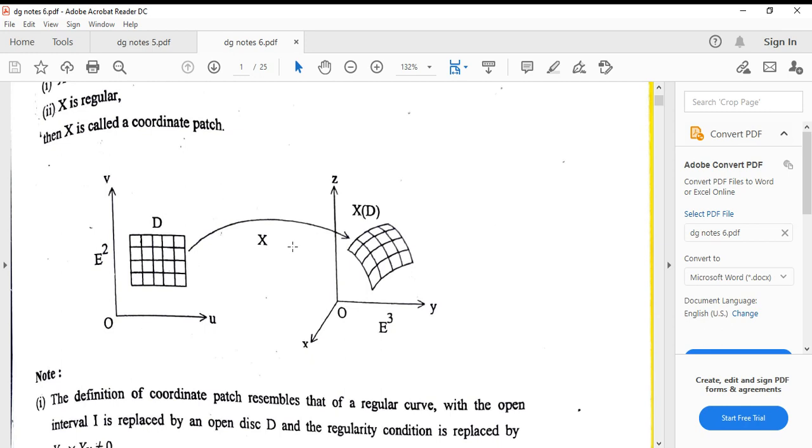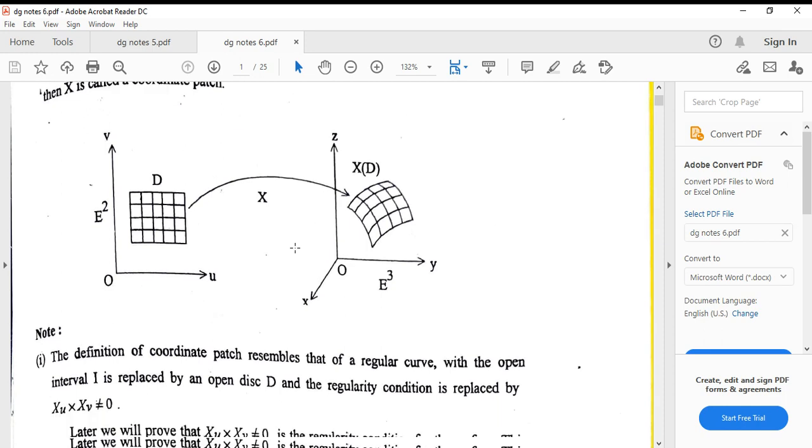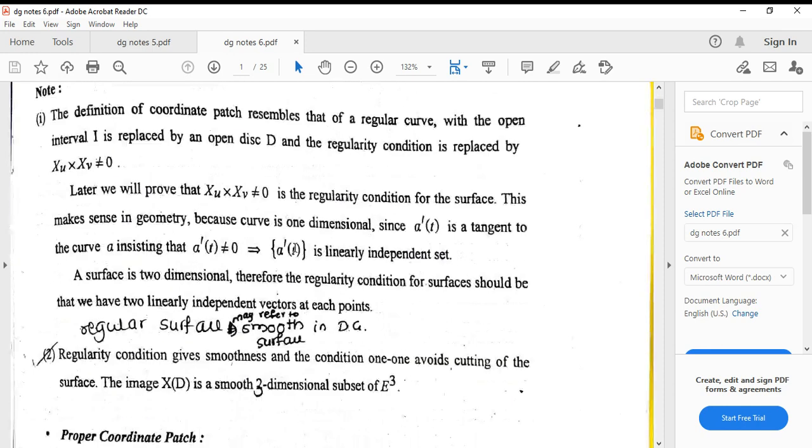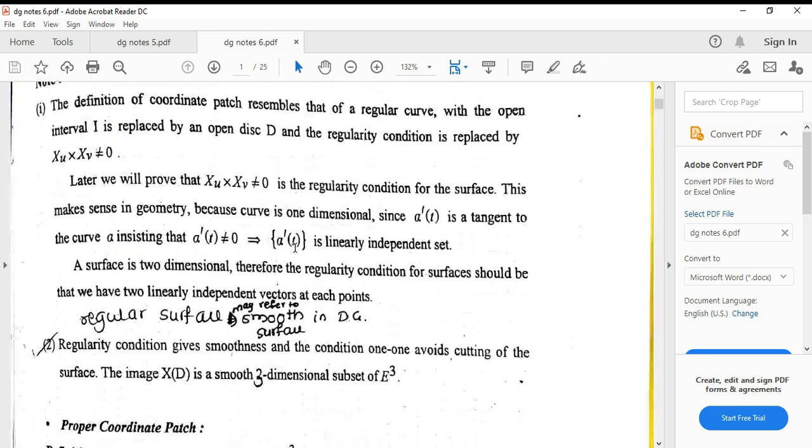So we write x of uv equal to some function, which may be something like u square, uv, v square, in 3D space. Initially we have only two variables u and v, and after applying the mapping x, we get some function or some surface in 3D space.